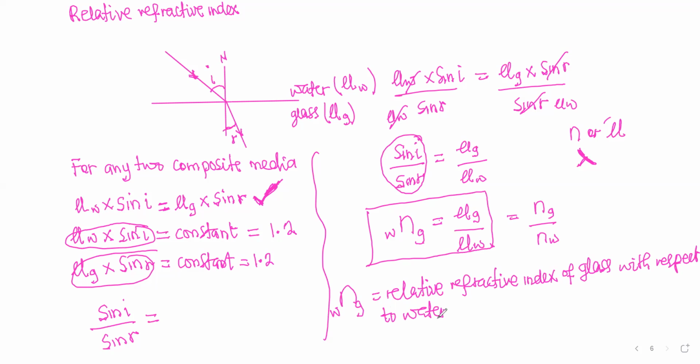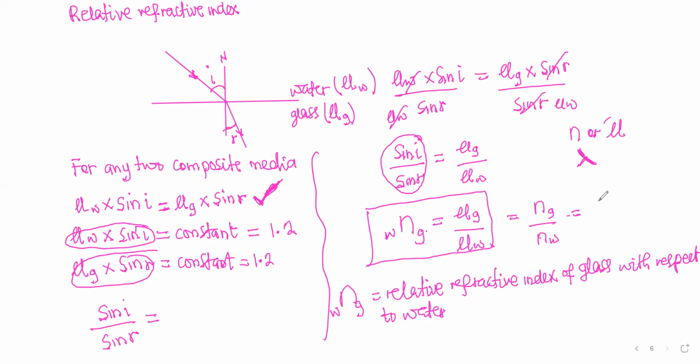So with respect to water means that the light is coming from water to glass. So the relative refractive index of glass with respect to water is equal to the ratio of the absolute refractive index of glass to the absolute refractive index of water.